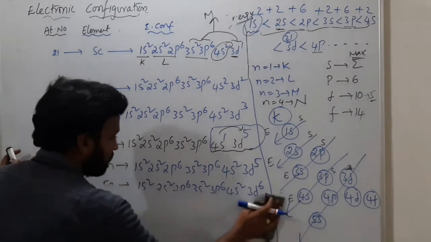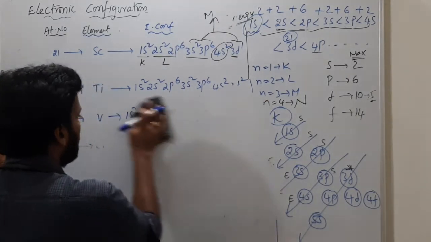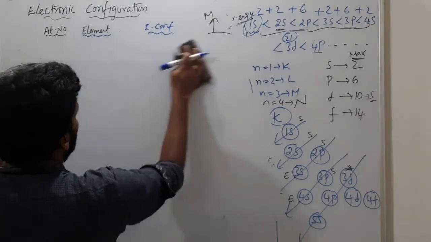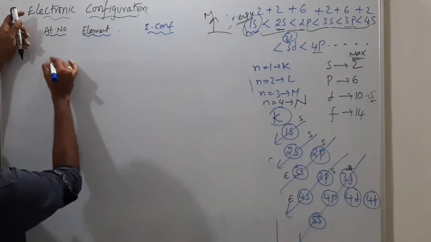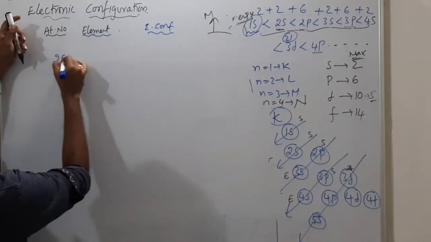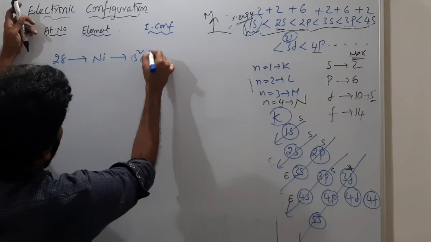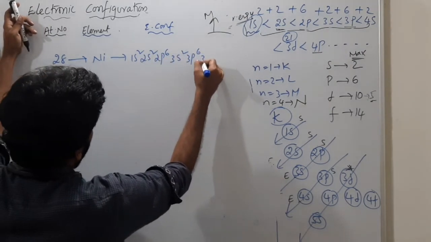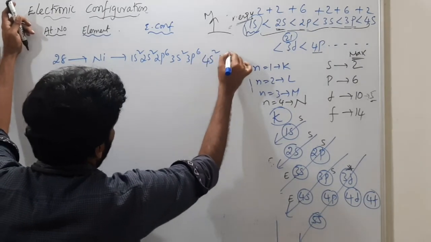Up to 28 we discussed. Now I will give you the remaining ones, just 3 elements. 28 is nickel. Its configuration is 1s2, 2s2, 2p6, 3s2, 3p6, 4s2, 3d8.